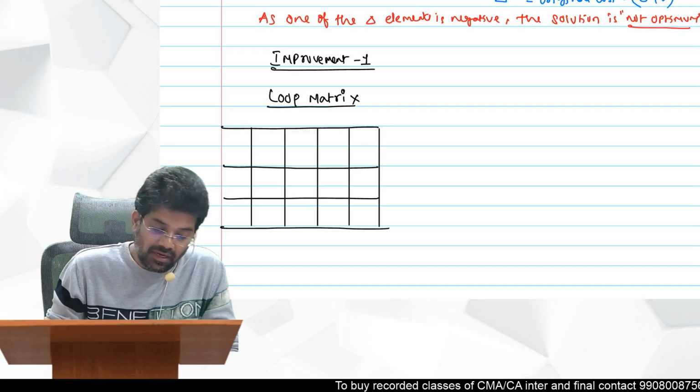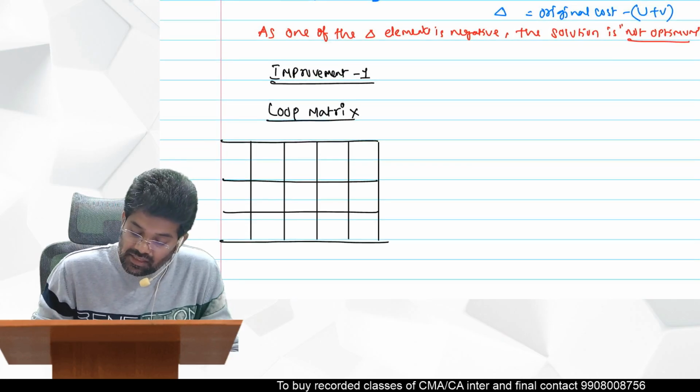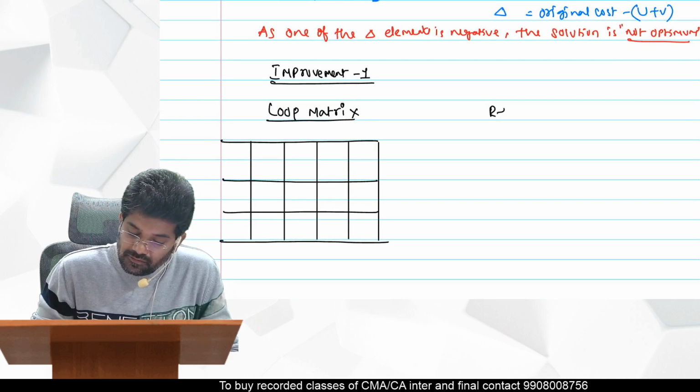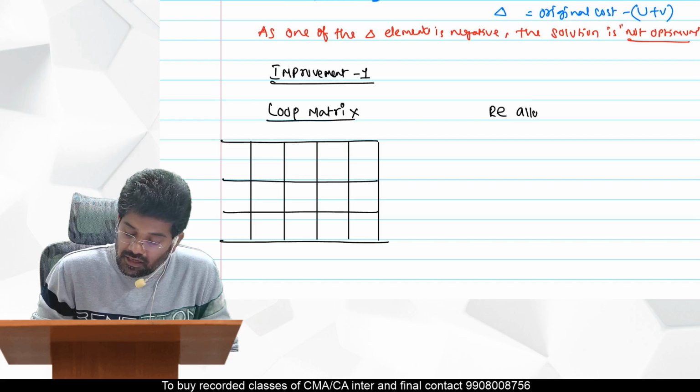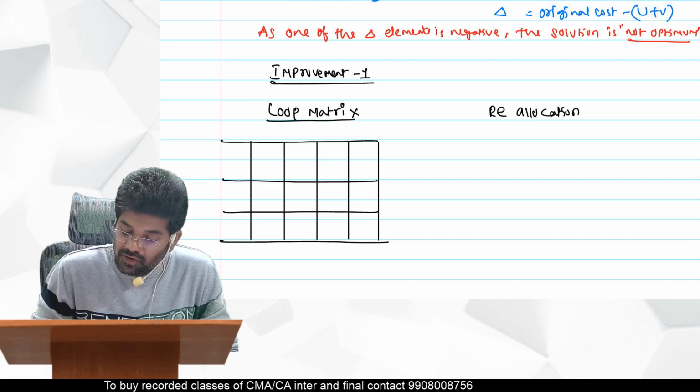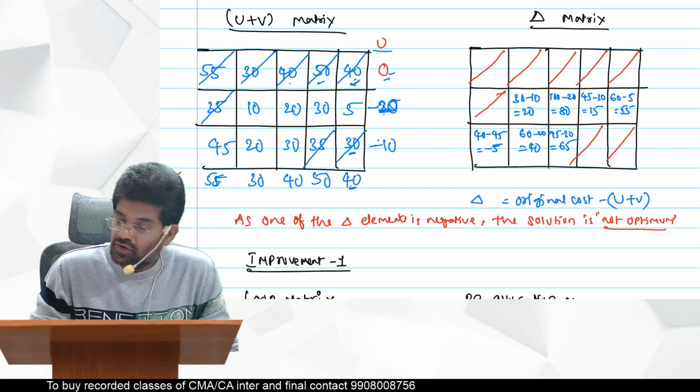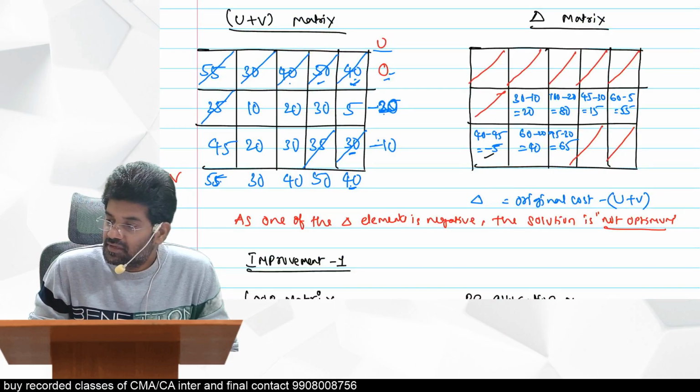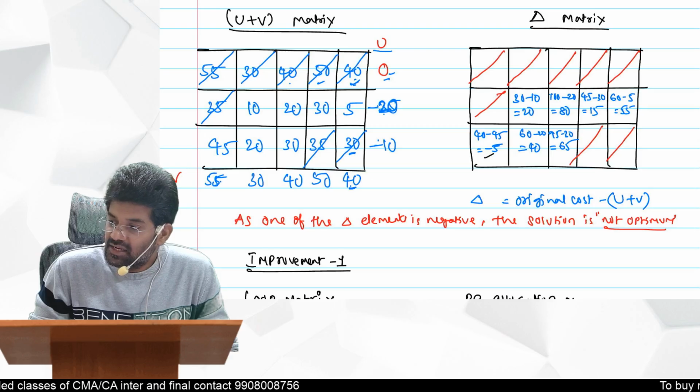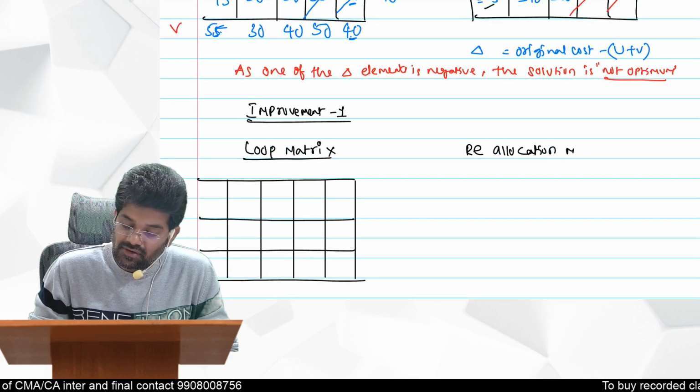You have to prepare it. The other one is the reallocation matrix, because we are going to change. We know that if you allocate to this cell, it will result in lower cost. So that is the reason you have to reallocate.